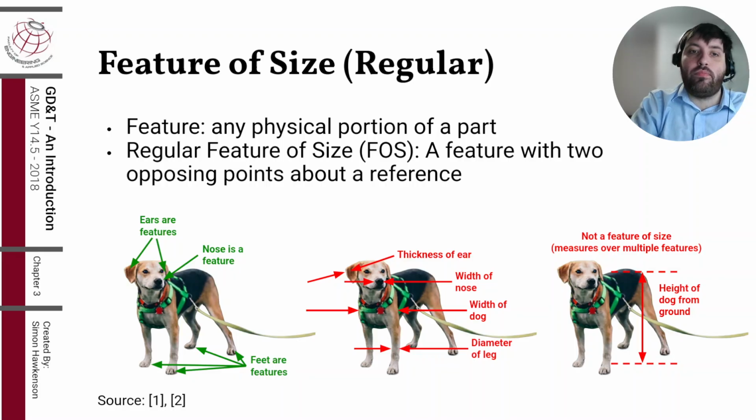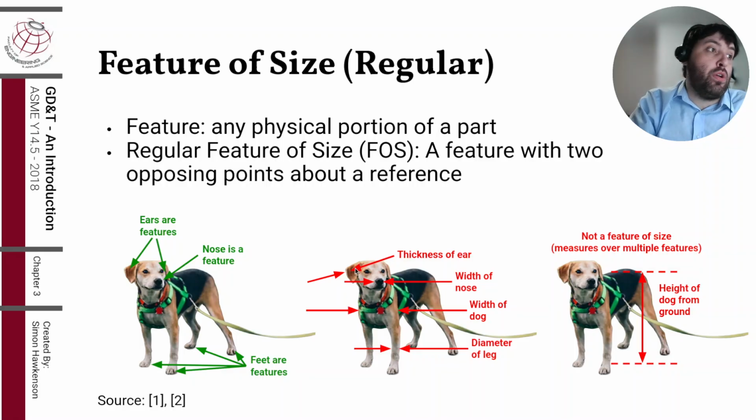I put together this example using a picture of a dog. So obviously we know that dogs have ears, we know that dogs have a nose and feet. These are all features of the dog. But let me ask you this, can you measure the ears?